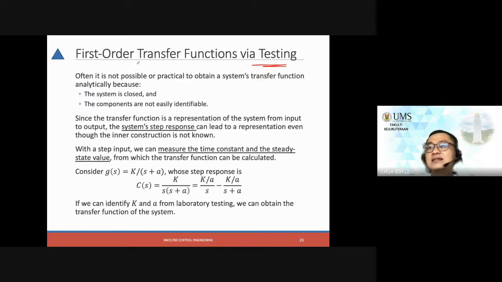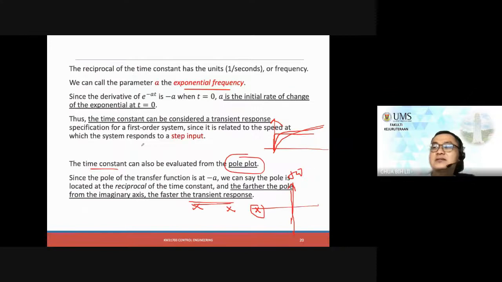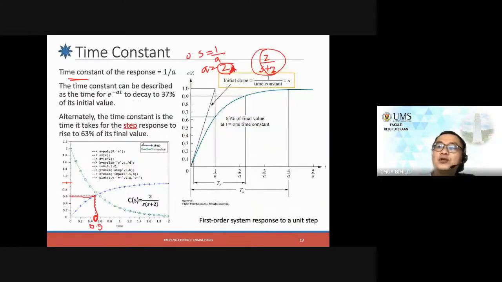How would you know that it is a first order transfer function? When you start to do your testing, you use a step input. We always use a step input for testing because all these characteristics are based on the step input. To identify a first order transfer function, you do not see any oscillations.